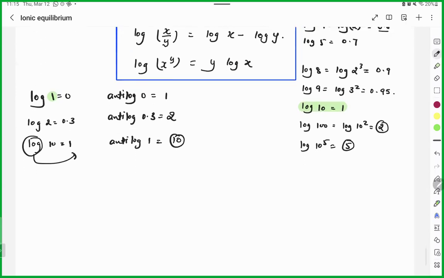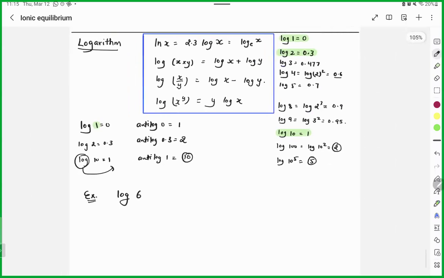Okay. Example, if you calculate log 6 value, can you write 6 in this form? 2 multiplied by 3. So it is equal to log 2 plus log 3. Log 2 value 0.3, log 3 value 0.47. You can calculate the value. Correct?